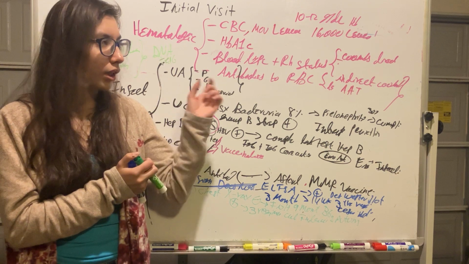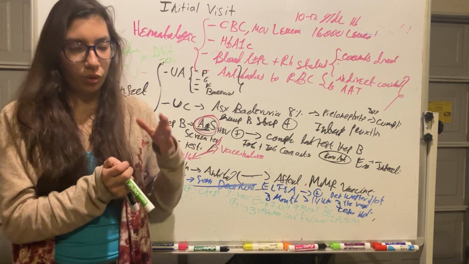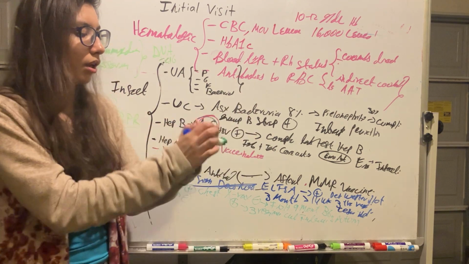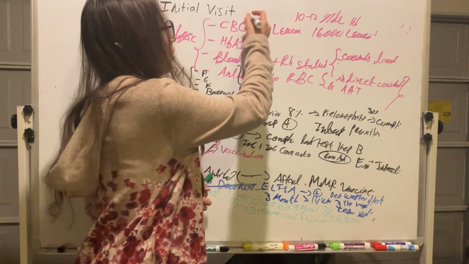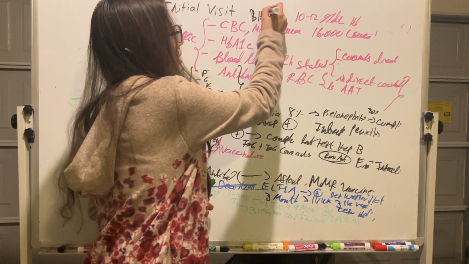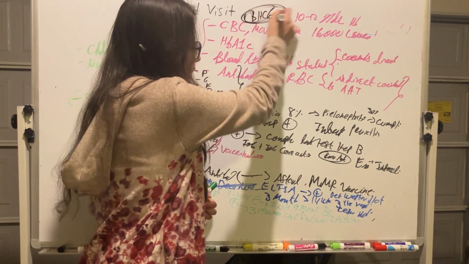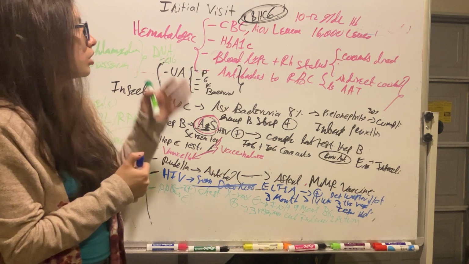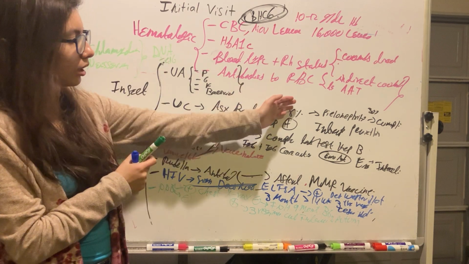Also, most of the time the definitive diagnosis of pregnancy is with the beta HCG becoming positive. We are going to date the pregnancy.